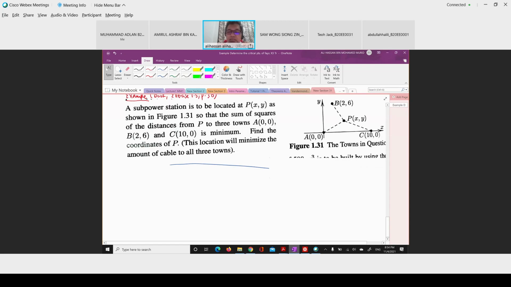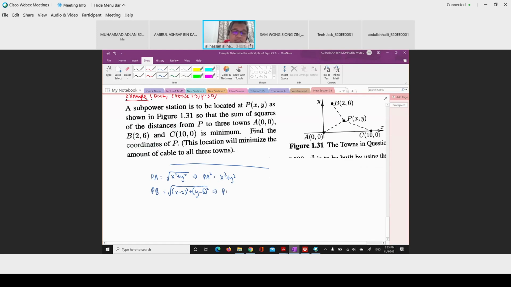What is the distance PA? Using the distance formula, it is the square root of x squared plus y squared. So the square is x squared plus y squared. The distance between P and B is the square root of (x minus 2) squared plus (y minus 6) squared.